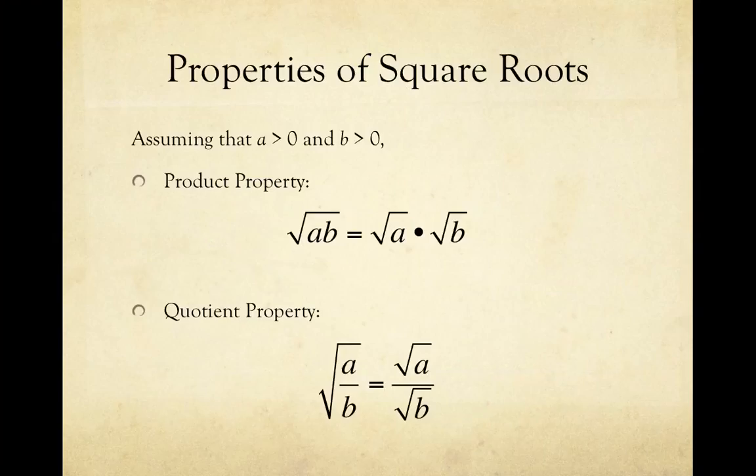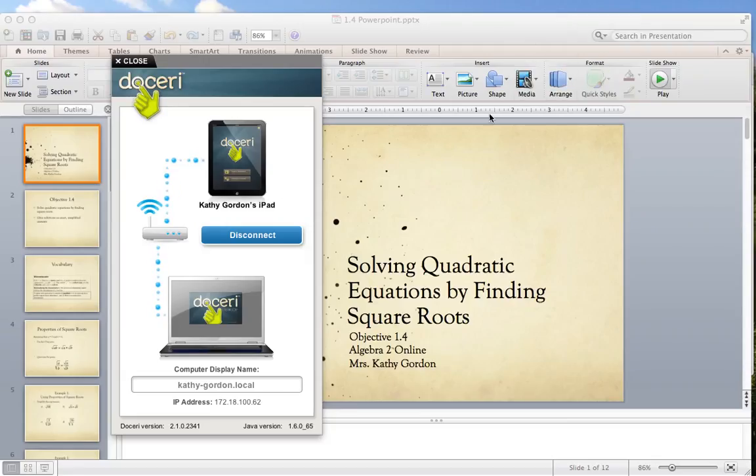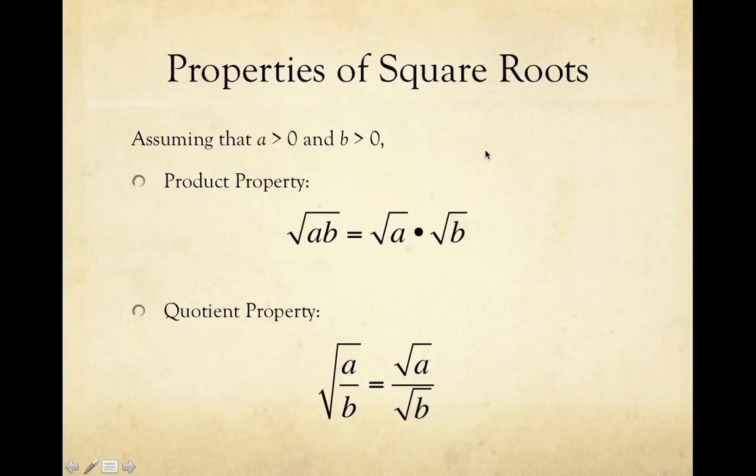All right, so to do that, we're going to use a couple of properties that will help us. So assuming that both the a and the b in this property are positive numbers greater than 0, then we have two properties that we can use with square roots. One is called the product property, and the other is called the quotient property.